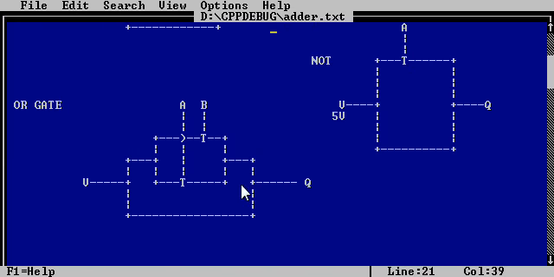Or, almost as simple, if you can understand my picture. Here again, I got 2 switches. A and B are the inputs. This is my way of trying to express that it's not connected here. It's hopping over this wire. This is OR.